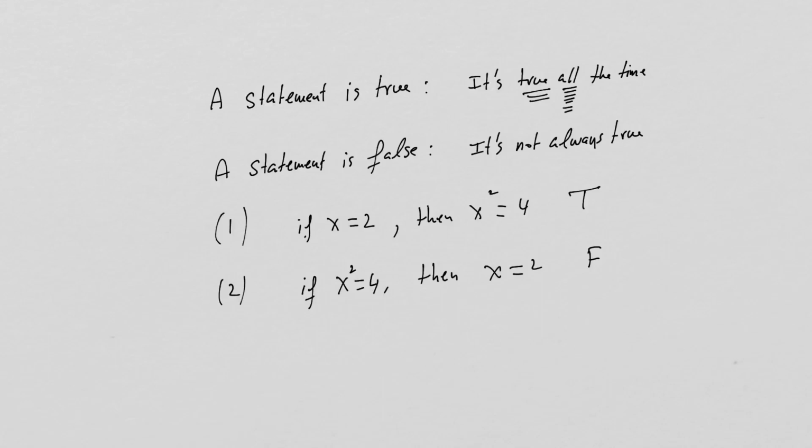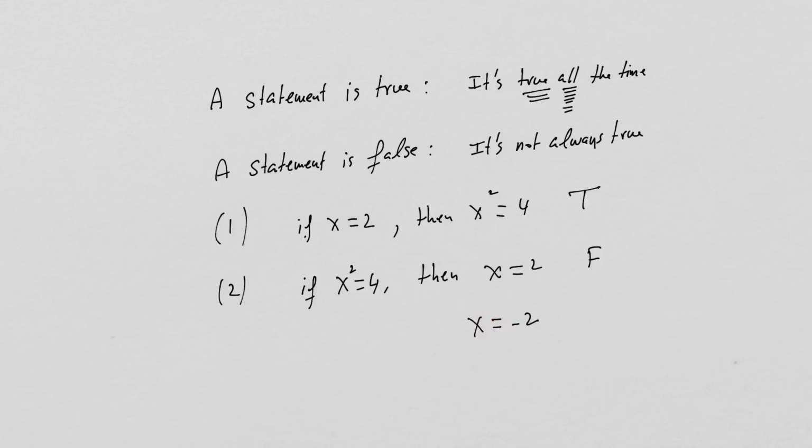So if x squared equals 4, it does not mean that x equals 2 all the time. Sometimes, yes, it's true, but it's not always true. Because x can also be negative 2. Think about it. Imagine x equals negative 2. If I square negative 2, I get 4. Does that mean that x must be 2?